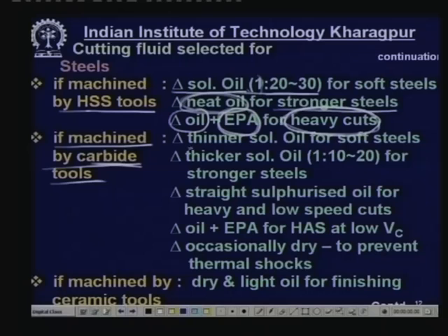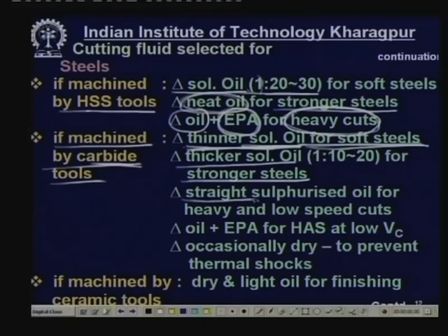Keeping that in view, we have to select thinner soluble oil, that is water and oil, thinner, that is 1:40 like that, for soft steels, low carbon steel, low alloy steel, because here oiliness is not required, what is needed mostly is cooling purpose. Then thicker oil, that is 1 part and 10 to 20 parts water for stronger steels, which is machined at slightly lower speed and needs lubrication.